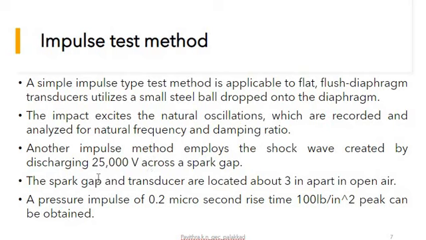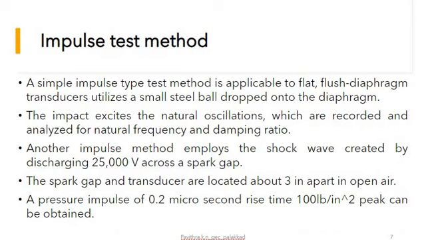In this case the spark gap and the transducer are located about 3 in apart in open air. So here a pressure impulse of 0.2 microsecond rise time and 100 lb per square inch peak can be obtained in this type of impulse test method.